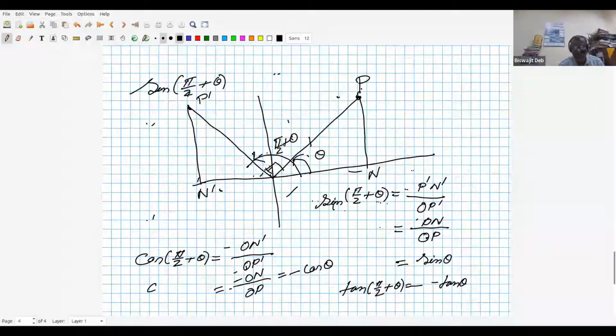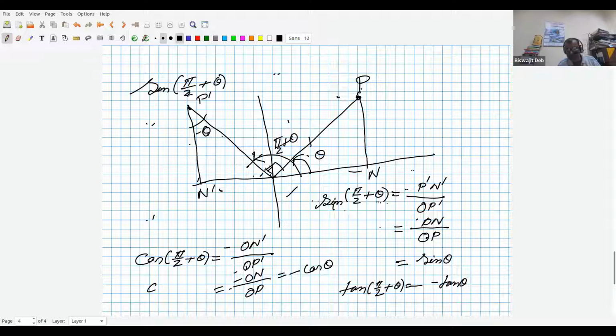Just a moment. Geometrically, what I did here, this should be theta, not this one.